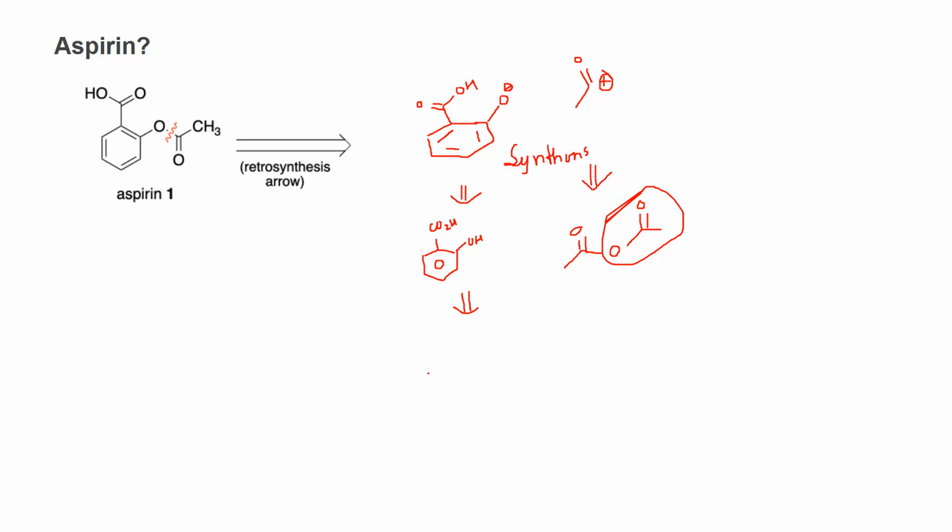If you disconnect from this part, I'm not drawing the synthons, I'm directly doing the synthetic equivalent. So if we react a phenol with a carboxylic acid, we'll get this 2-carboxylic acid phenol. Okay.